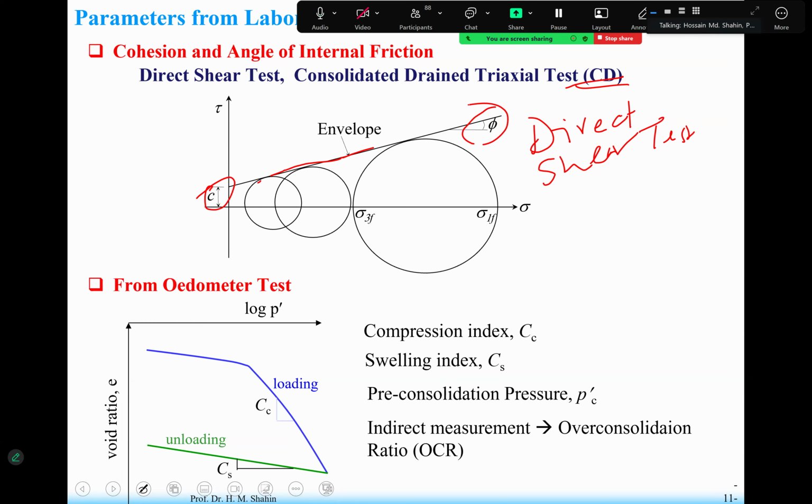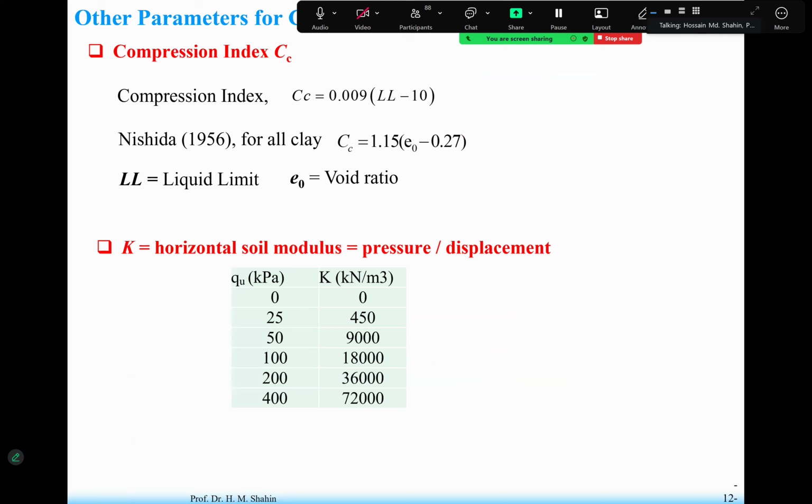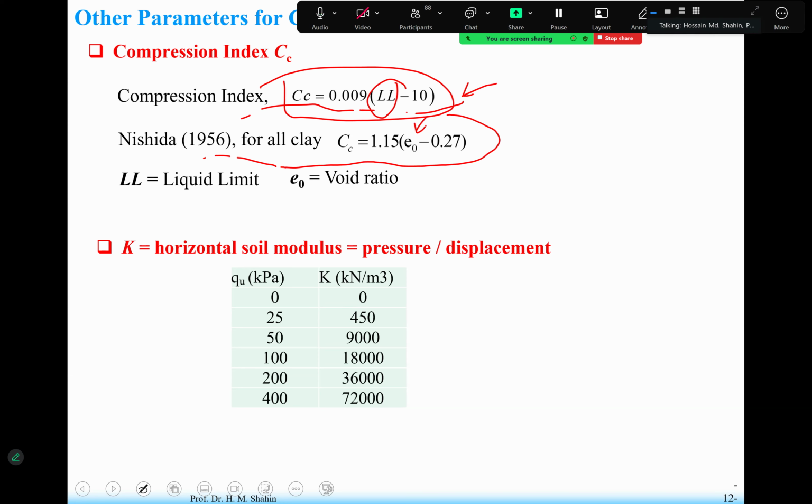Then oedometer test, I mean consolidation test, you will get Cc and Cs, as I explained, the swelling index and compression index, and over-consolidation ratio, Pc, Pc dash, or sigma c, whatever you say. If it is sigma, then sigma c, and if it is P, then Pc. Compression index also we can get if we have liquid limit, then use this equation. And Nishida proposed this one in terms of void ratio.